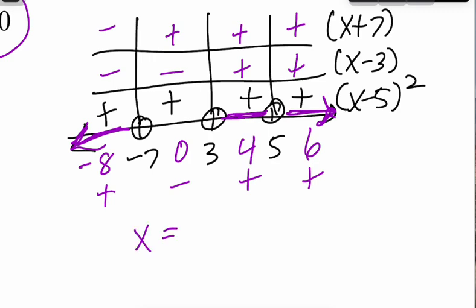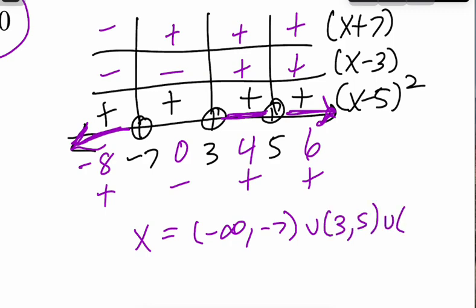So our answer is I can go from -infinity up to -7, don't include it. I can be any number between 3 and 5, and then I can be any number from 5 to infinity. So there are 3 distinct unconnected regions that I colored in. That's why our interval has 3 distinct regions.